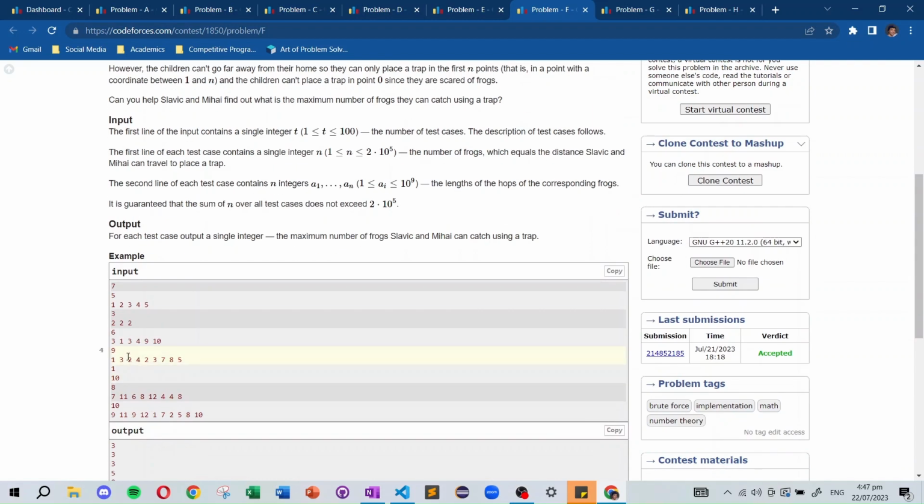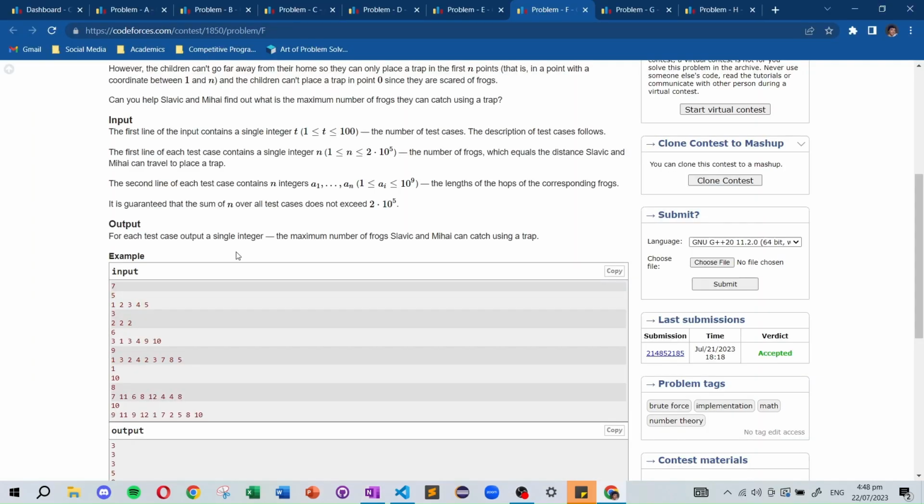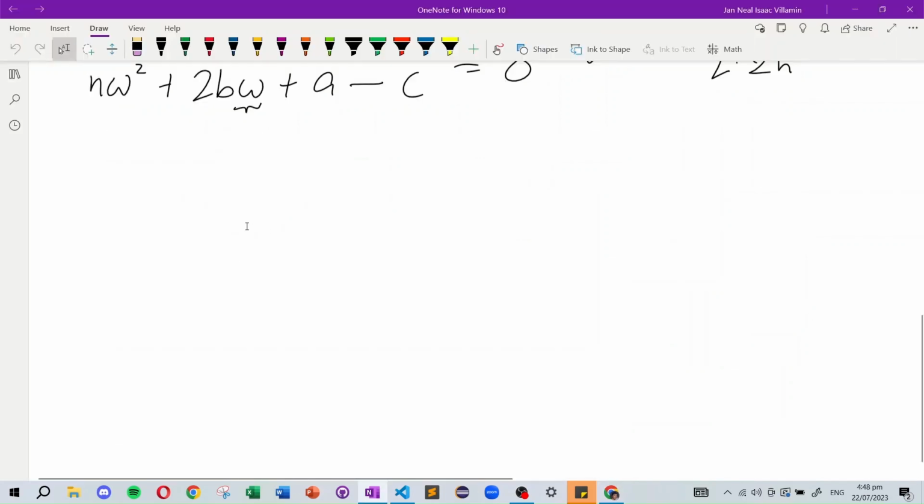For example, here there are two threes, and here we have two threes again, which means if you do it one by one, you cannot achieve the harmonic series time complexity.